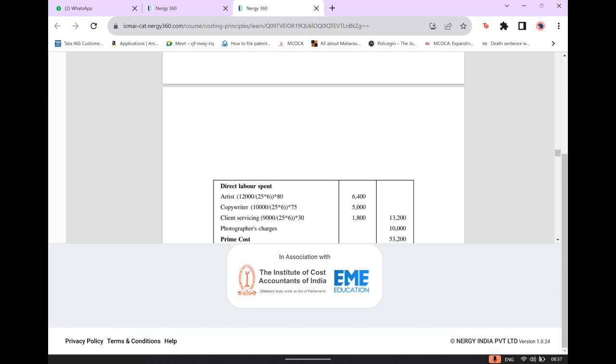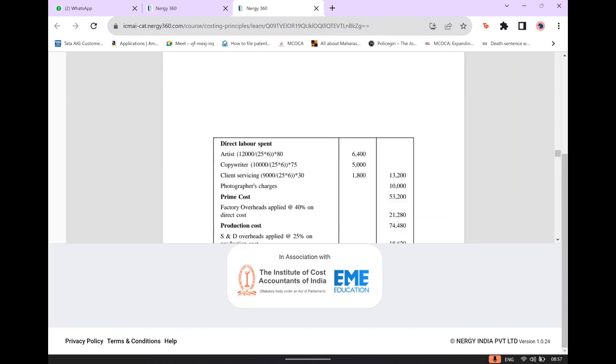So the artist will be 12,000 into 80 divided by 150. Copywriter, it will be 10,000 into 75 divided by 150. And client servicing, it will be 9,000 into 30 by 150. So it will be 6,400, 5,000 and 1,500.